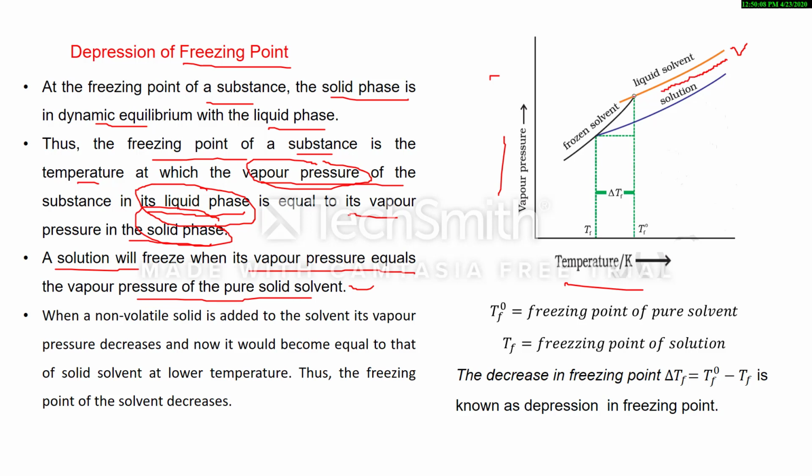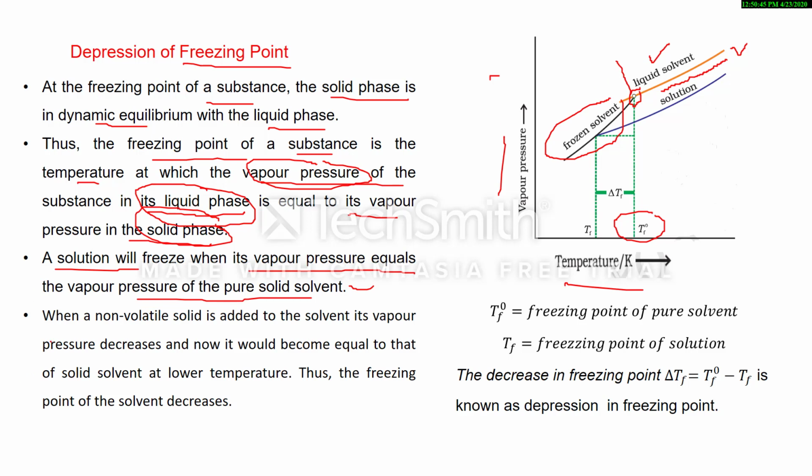And at this condition, the vapor pressure of substance in liquid phase becomes equal to the vapor pressure in solid phase, and this is the freezing point of pure solvent represented by Tf naught. Is it clear? If we further reduce the temperature, then we only have the frozen solvent. But at this point, there is a dynamic equilibrium between liquid solvent and solid solvent.